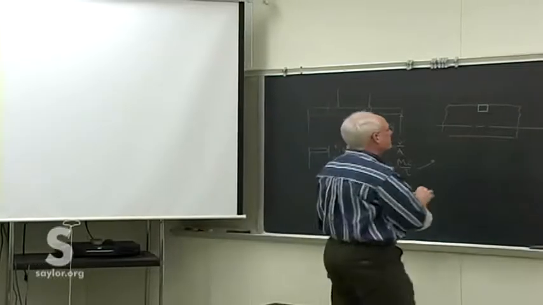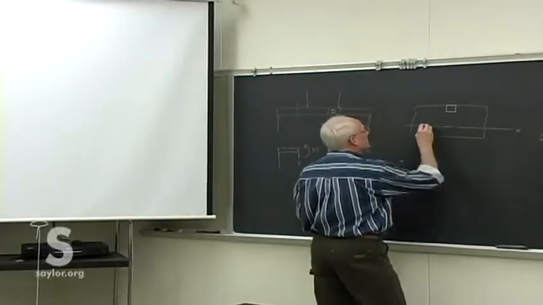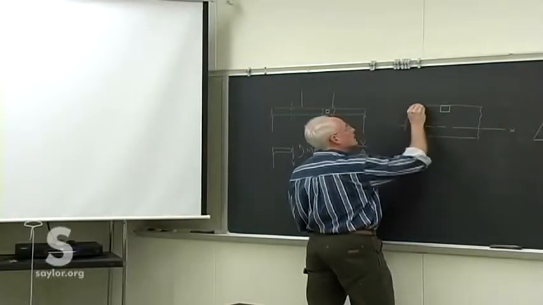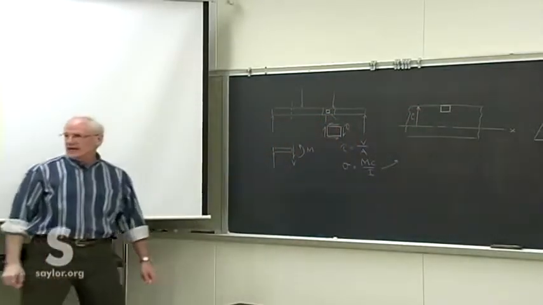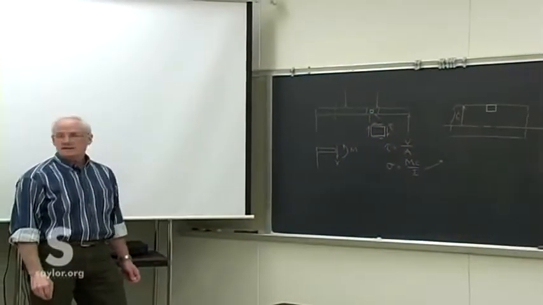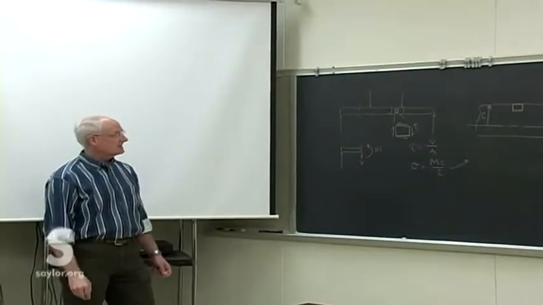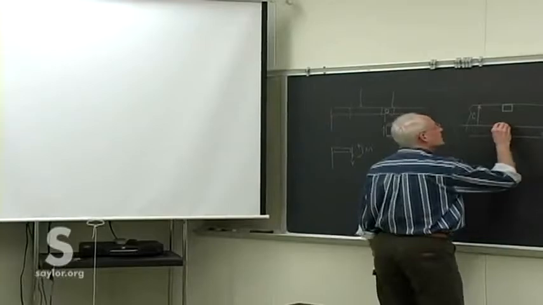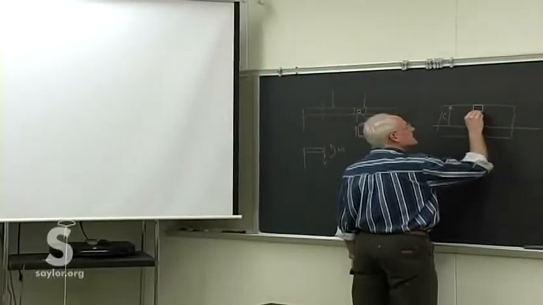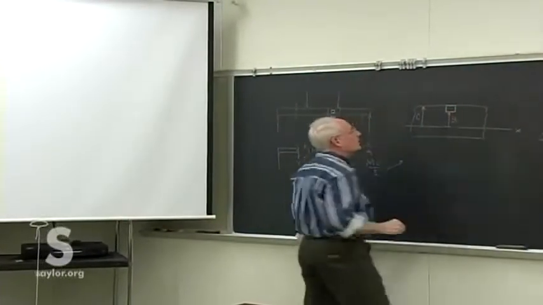And remember then our reference values, the distance from the neutral axis to the greatest extent of the beam in the y direction is c. We'll call this distance here y1.